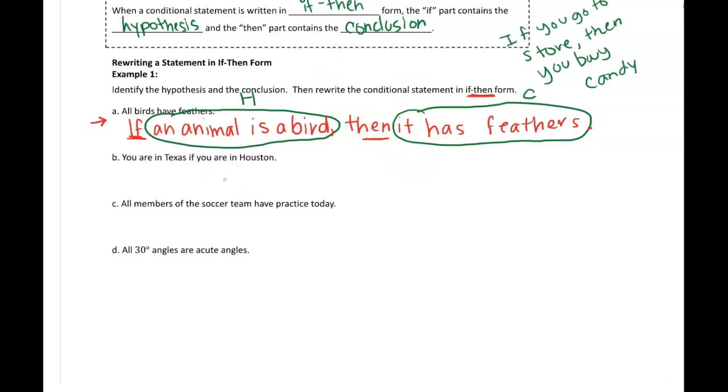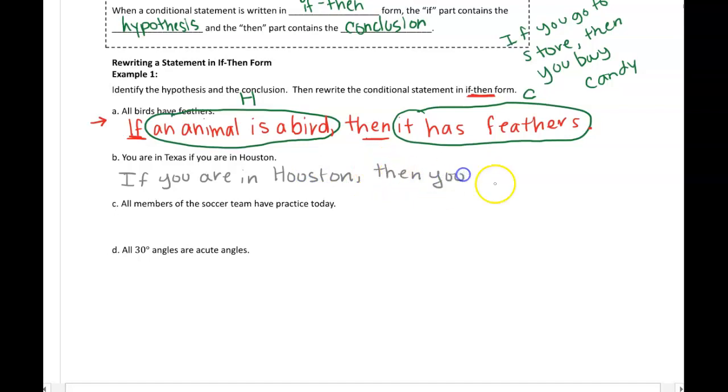All right, let's look at B now. It says you are in Texas if you are in Houston. Okay, so let's think about the order we should do this in. If I wrote a conditional statement, we could write it: if you are in Houston, comma, then you are in Texas.